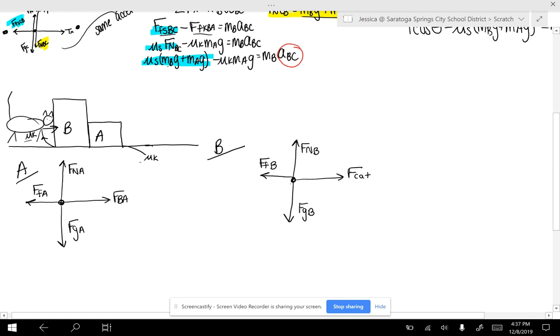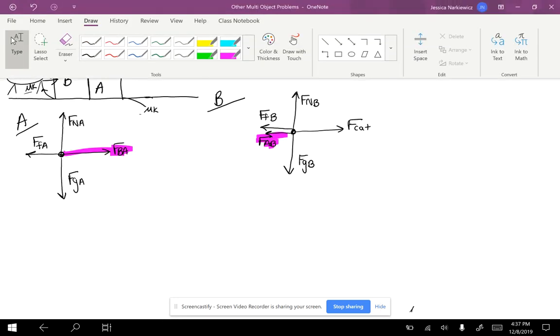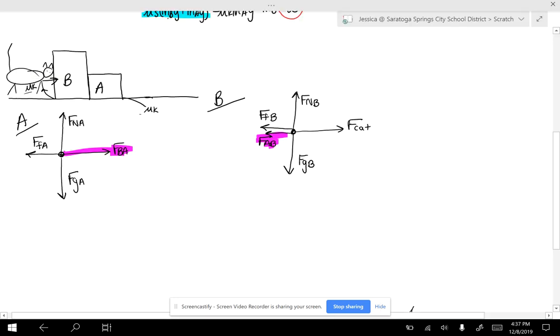And then we also have, if B pushes to the right on A, then A pushes to the right on B. And that is a force pair that exists within our system. Okay, so those 2 forces are equal in magnitude but opposite in direction. Because these 2 boxes are stuck together essentially by the fact that they're being pushed against each other, they also have the same acceleration, okay, because they are connected.